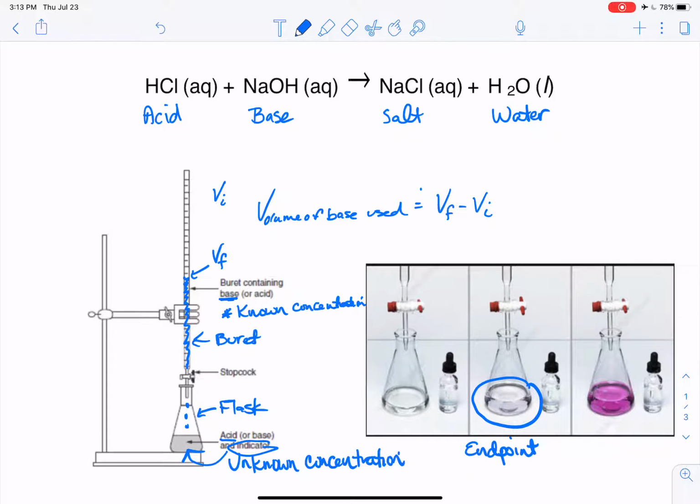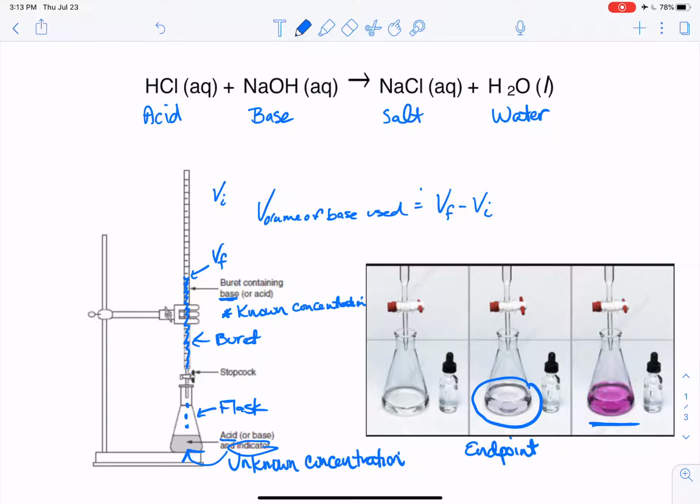And if we overshoot it even a little bit, it'll get this dark pink color because the phenolphthalein is turning pink when it sees base. So if the solution as a whole is basic, then it'll be pink.